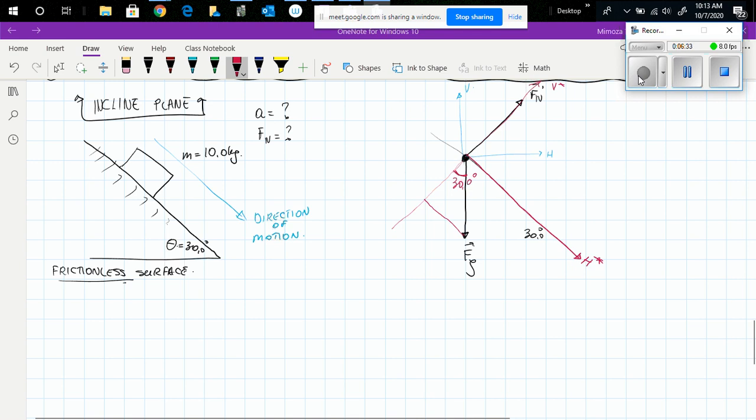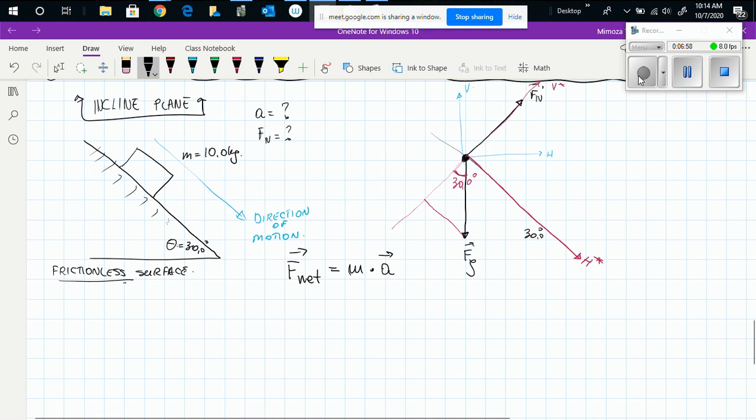The tilted one, the rotated one. Now, since the object is moving after being placed at the top of the incline and then released, based on Newton's second law the net force will be mass times acceleration.